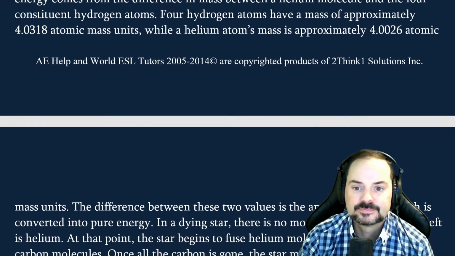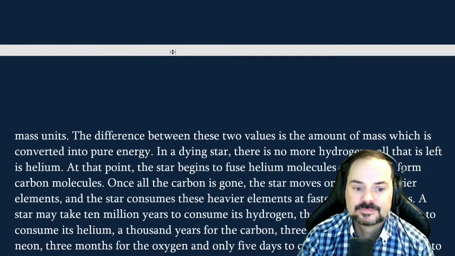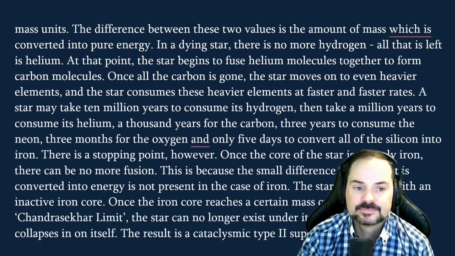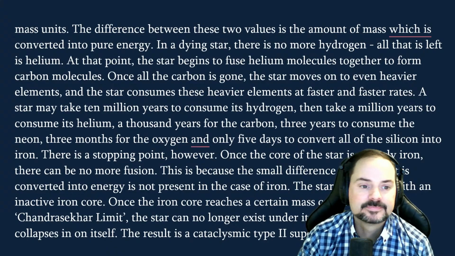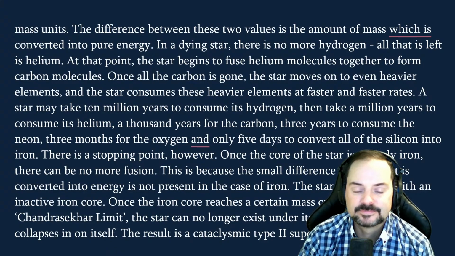Four hydrogen atoms have a mass of approximately 4.0318 atomic mass units, while a helium atom's mass is approximately 4.0026 atomic mass units. The difference between these two values is the amount of mass which is converted into pure energy.